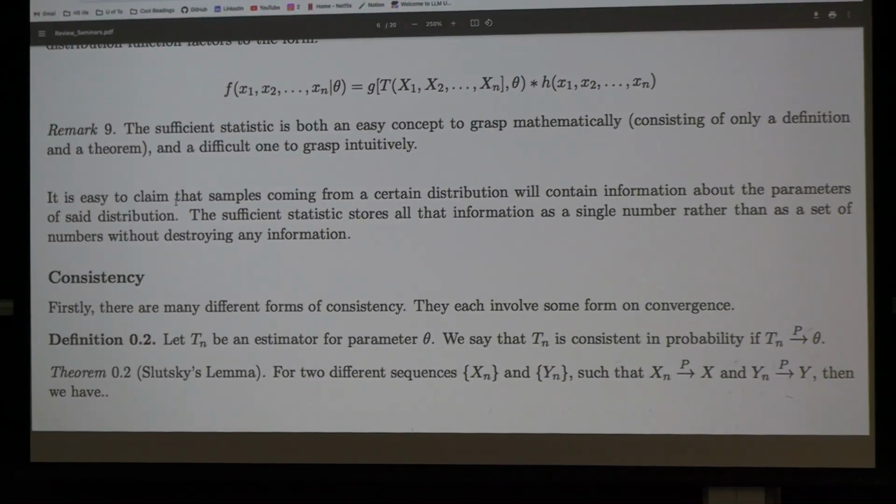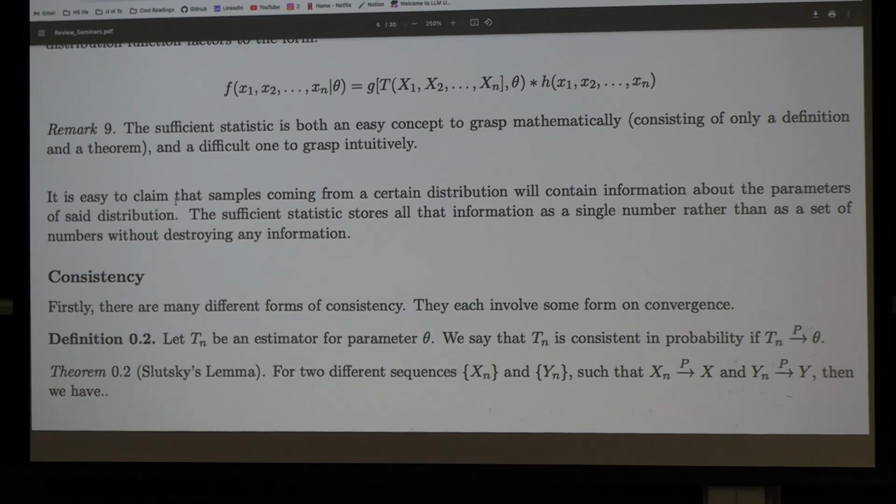Now, on to something that I think is more important, and that is consistency. Consistency comes in many different forms, but they all sort of rely on the idea of convergence, and that is convergence to either the true parameter or convergence to some zero error.